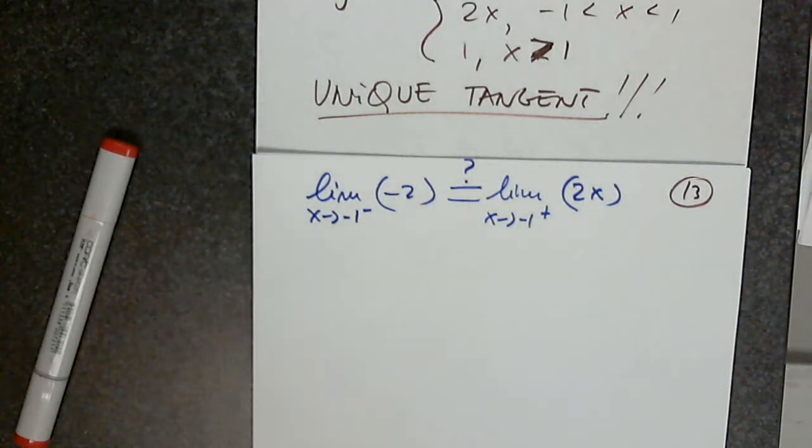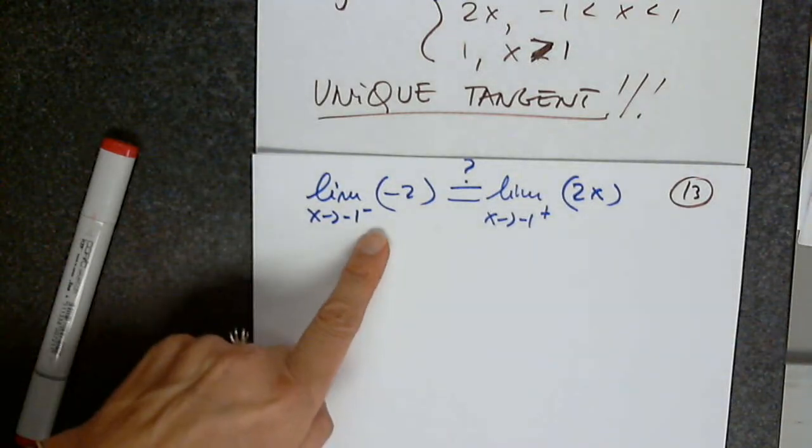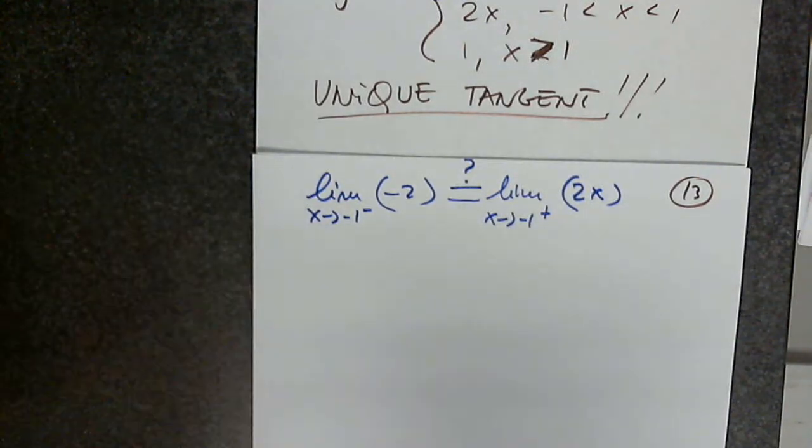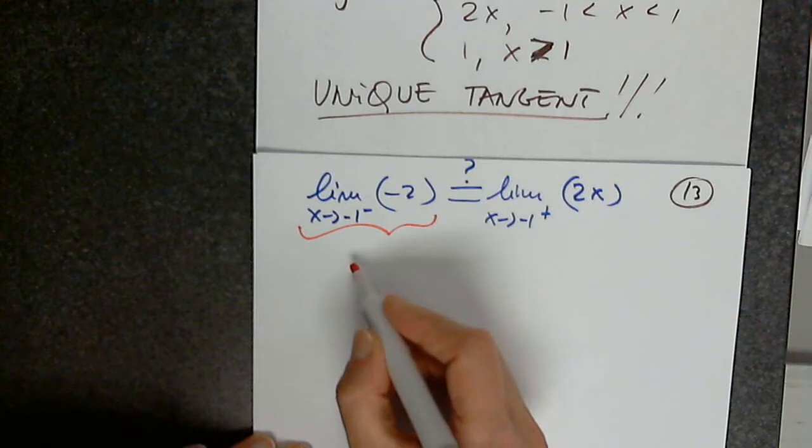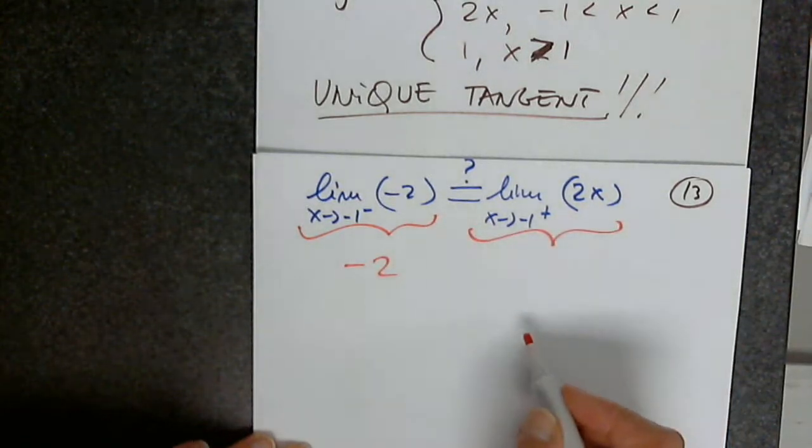Why? At negative 1, if this tangent is negative and this tangent is positive, as I'm showing them as a corner, there is no unique tangent at this point. So what is the tangent from the left? What does it equal? What is the tangent from the right?